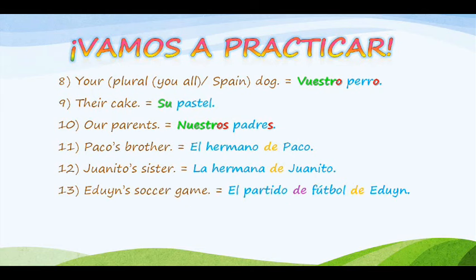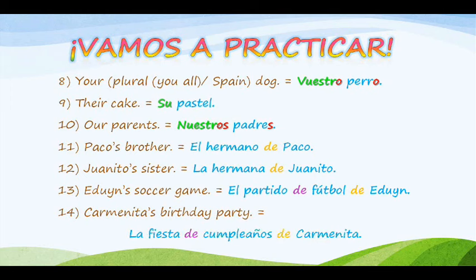Edwin's soccer game. Now this one was a little more challenging because you had to have a noun modify a noun and then use the possessive de. So el partido de fútbol is the game of soccer, because soccer game, that's how you say it. And then de Edwin is the possession. El partido de fútbol de Edwin. And Carmenita's birthday party.